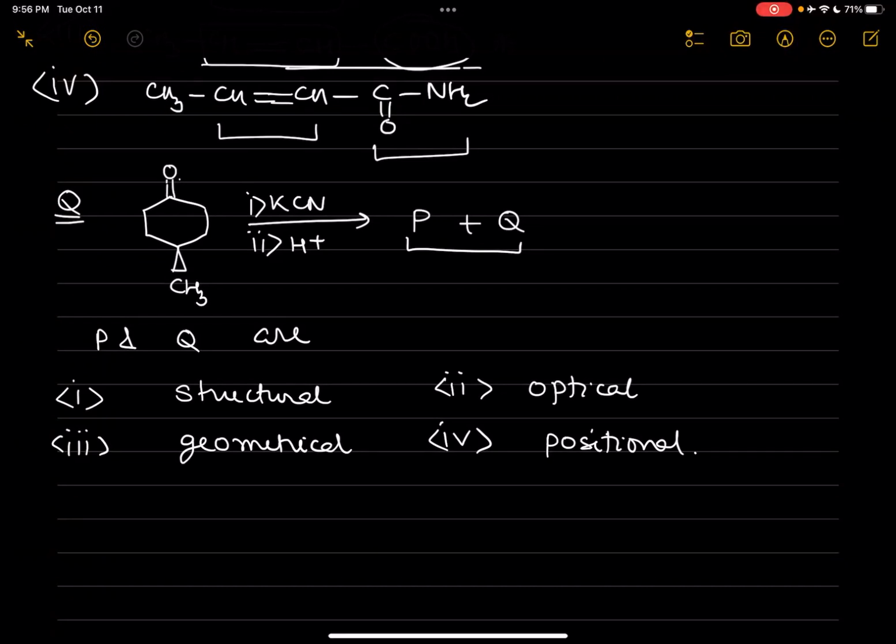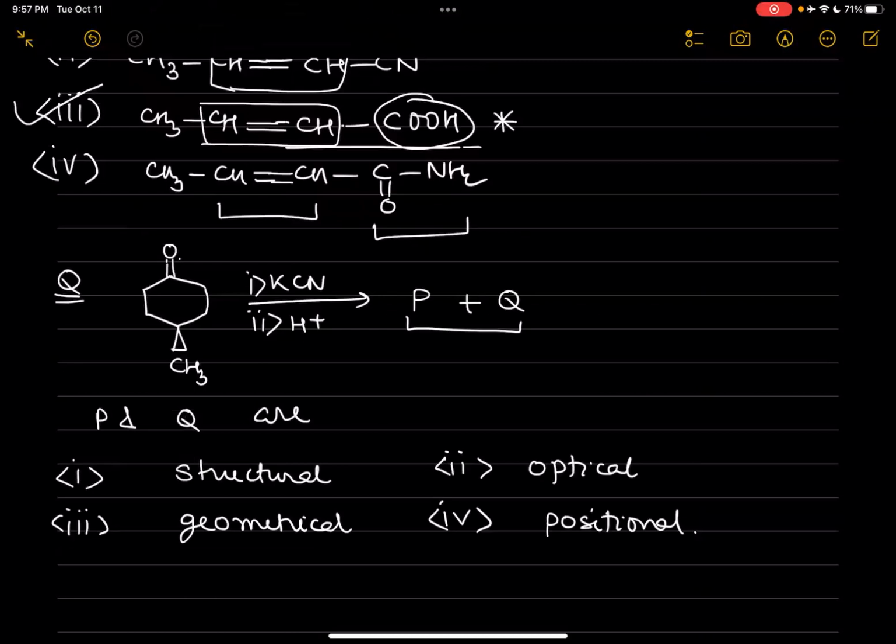Sir, but here the aldehyde group is not there, right? So then how will the cyanide add? Pardon? So here there is no CHO group, right? Yes, but it can add to some extent to ketone also. The yield will be less, but it can happen. Got it? Yes, sir.